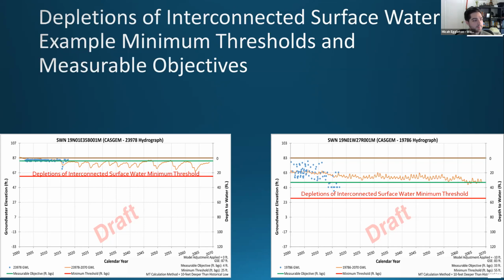Oh, okay. Yep, Deborah. Sorry, I'm playing somewhat catch up on this. Does that mean then, if you're saying that for the GDE, we know that oaks go down 30 feet, what does that show in terms of where we begin to monitor the depletion of interconnected surface water?